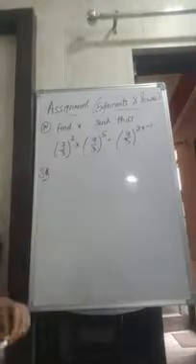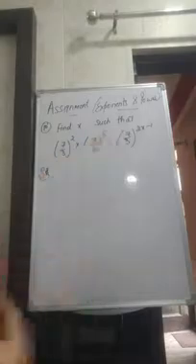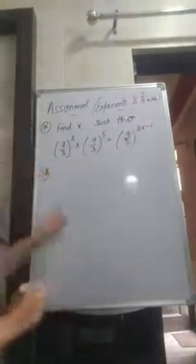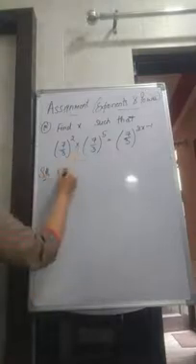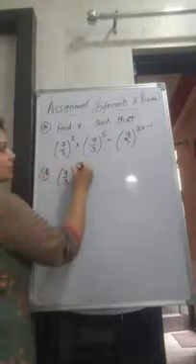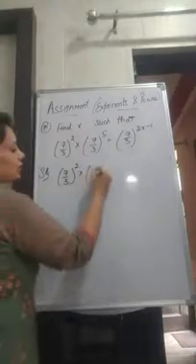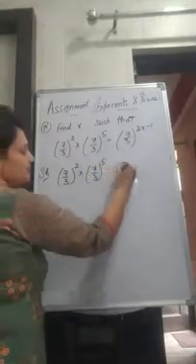Next question, question number 10. Find x such that (7/3) whole square into (7/3) whole power 5 is equal to (7/3) raised to power 2x minus 1. Now again in this question we have to find the x.